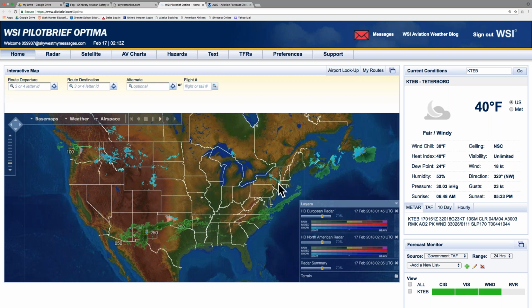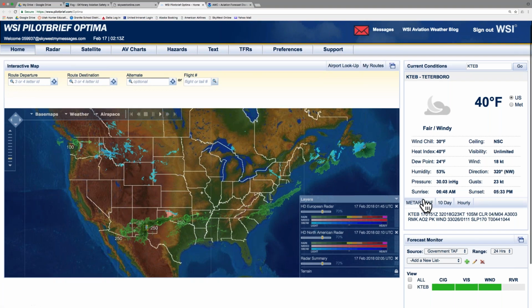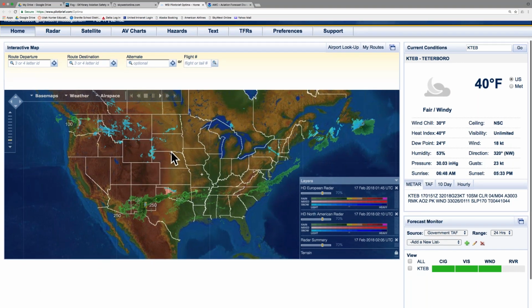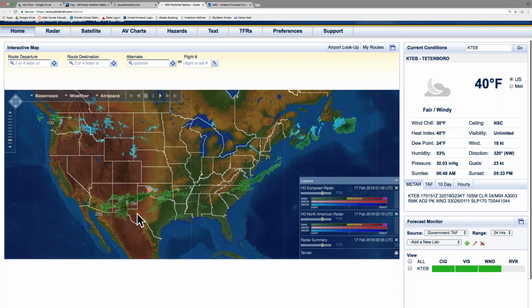Yeah, and definitely this is similar to the view that we have on the program we use. It's called Fusion. The only difference is that Fusion also will bring in all of our PIREPs, AIRMETs, SIGMETs, NOTAMs. We can look at routes and everything.